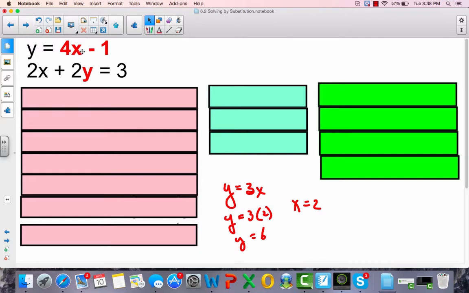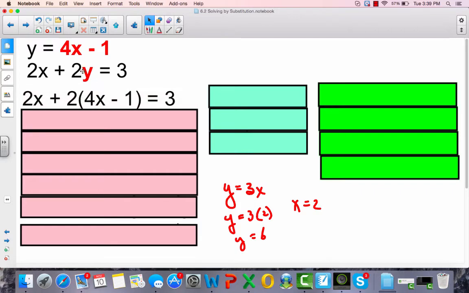Now, with that 4x minus 1, I'm going to go to the other equation and replace the y. It tells me y is equal to 4x minus 1, and here I have a y, so I can put 4x minus 1 where the y is. So I've got 2x plus 2 times, and instead of y, I've got 4x minus 1. Do you see how we did that?